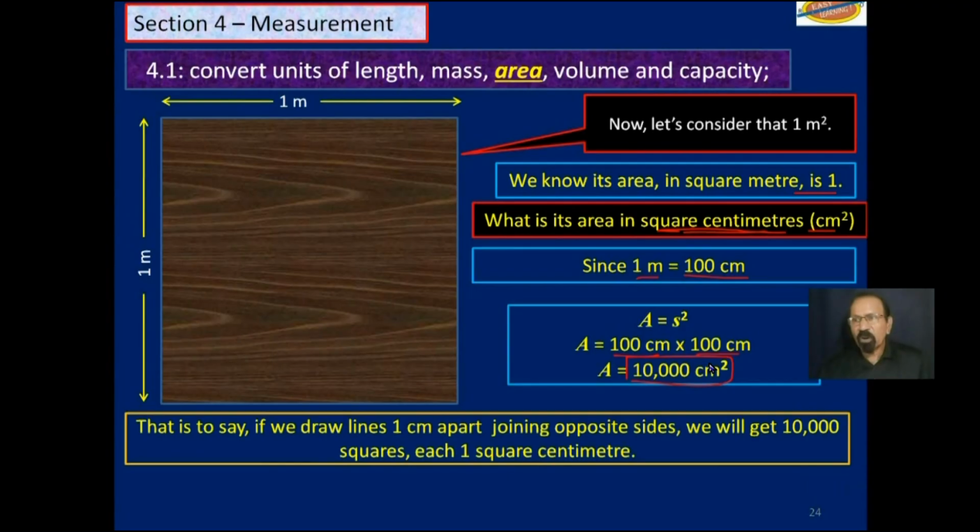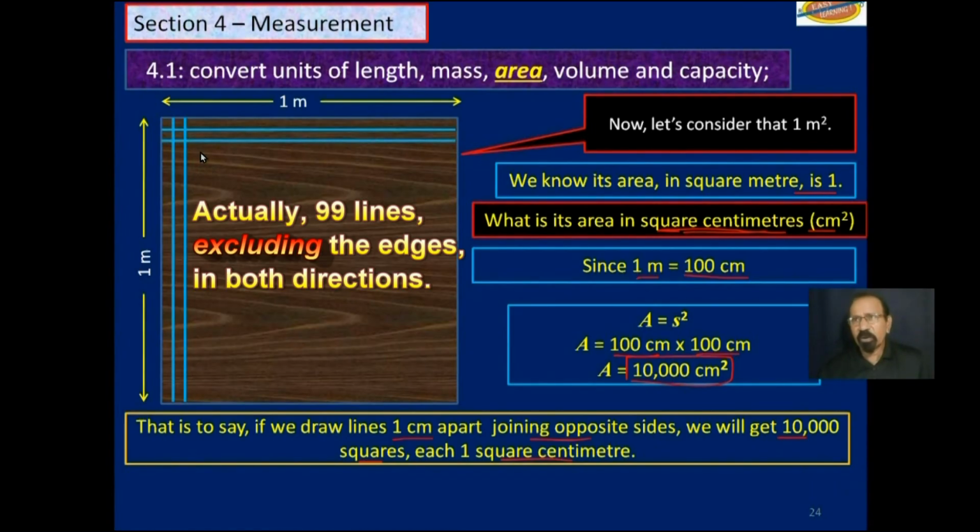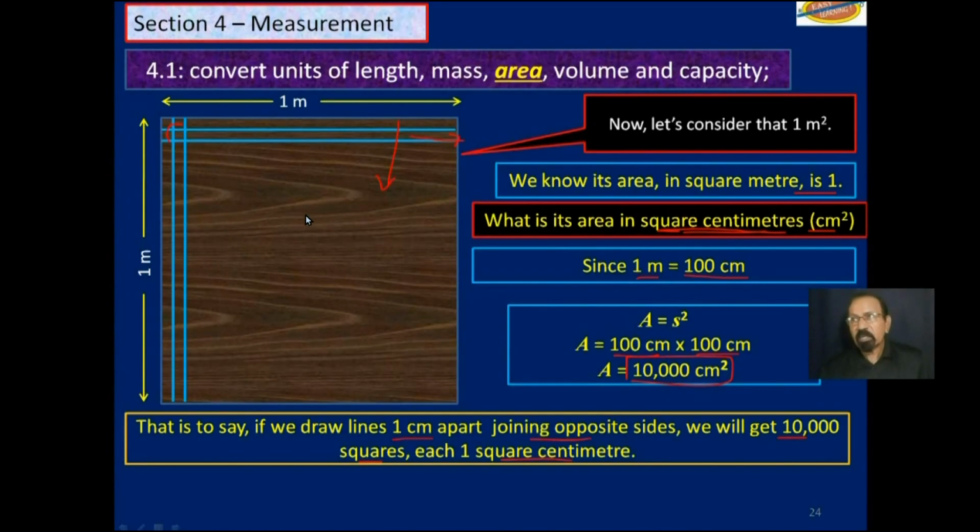So if we were to draw lines 1 centimeter apart joining the opposite sides on this 1 meter piece of board here, we will get 10,000 squares, and each square will be 1 square centimeter. Let us say we draw 100 lines like this going across, and then another 100, actually 99, coming down. Then the intersections will form 1 square centimeter squares.